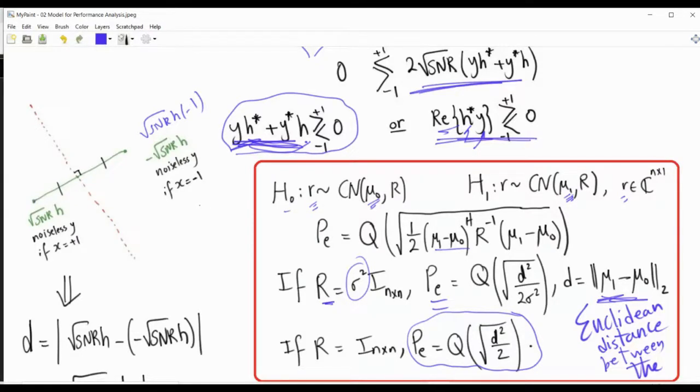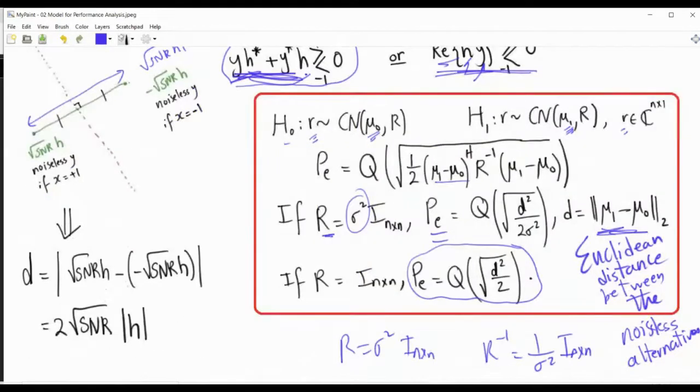And basically the distance, what is the distance between these two? It is the magnitude of square root SNR H minus minus square root SNR H, and square root SNR is just a real valued positive quantity. So you get 2 square root SNR multiplied by the magnitude of H.